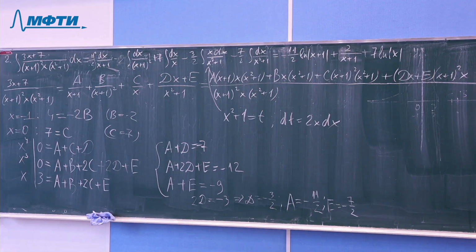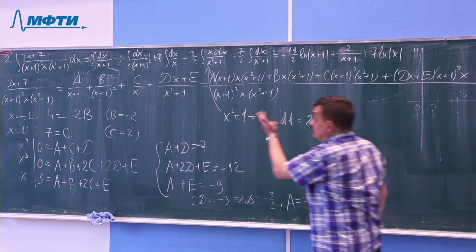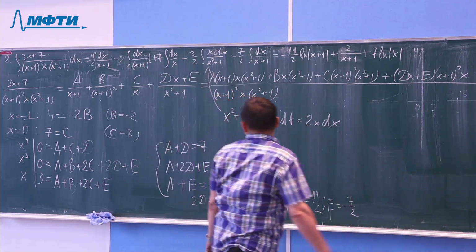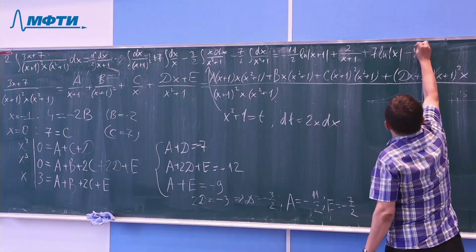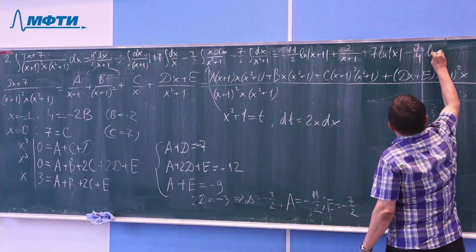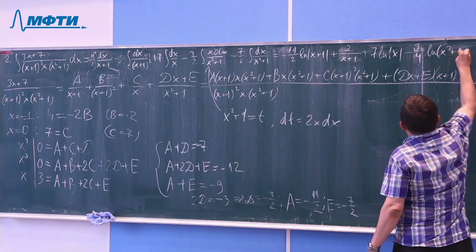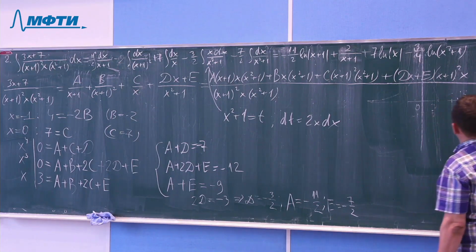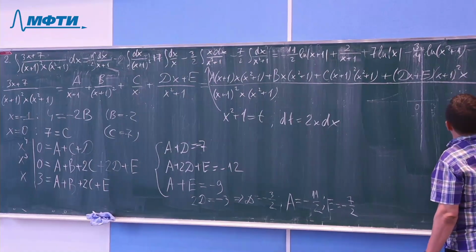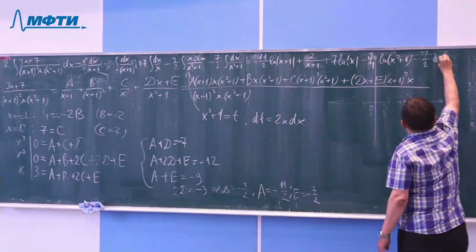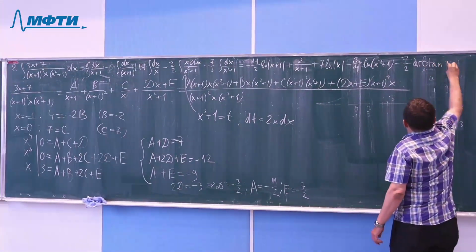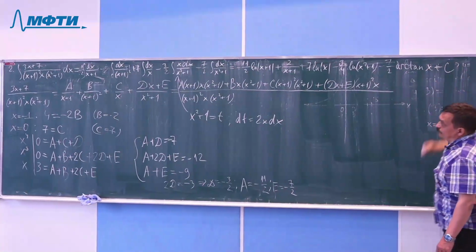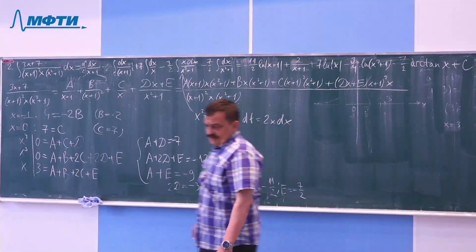So for x dx, an extra 1/2 appears, giving minus 3 over 4 logarithm of x squared plus 1. We don't need to put a modulus here, it's always positive. And the last is arctan, so minus 7 over 2 arctan x plus c.